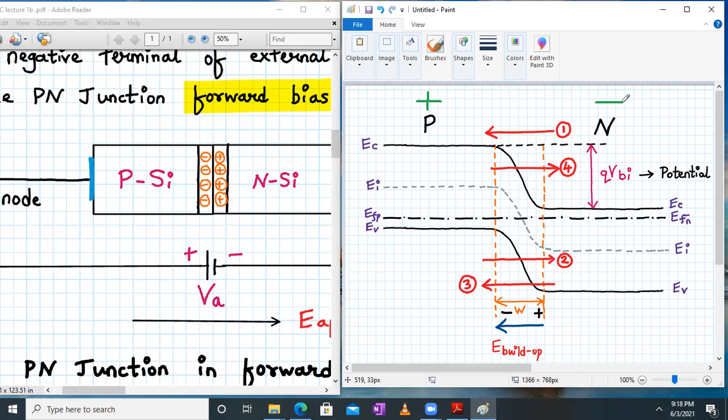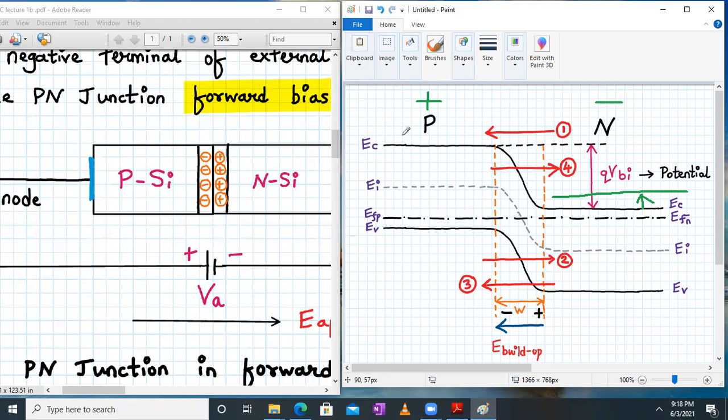We have seen last time that applying a negative potential corresponds to an increase in the energy level. So the conduction band on the N side of the semiconductor will be increased in level. Like this, I've shown you a slight increase over here.